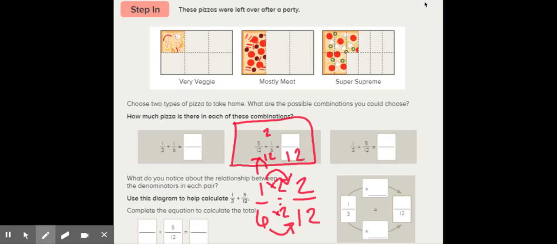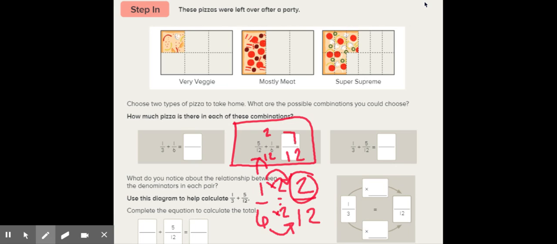I'm going to add the numerators though, and that makes 5 plus 2, because 2 is the number that I got as my new numerator. 5 plus 2 is 7. So the total amount of pizza left, if I was adding the super supreme and the very veggie, would be 7/12 of the pizza left.